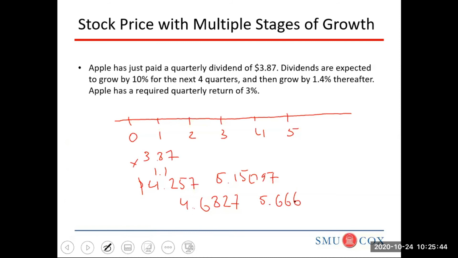So same idea. Now we need to apply the perpetuity formula and then grow this 5.666 by the new growth rate, right, which is 1.14, so 1.4%. And what's in the denominator? It should be the discount rate minus the growth rate.